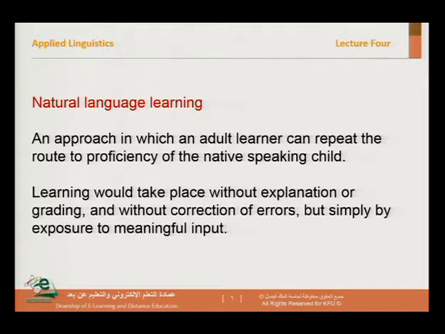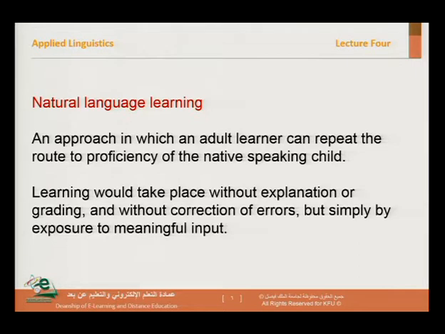This led the way to further changes in both popular and applied linguistics ideas about how a language might be learned, and that has led the applied linguists and the educationalists, psychologists, people who were working in the field of education, to change their views.